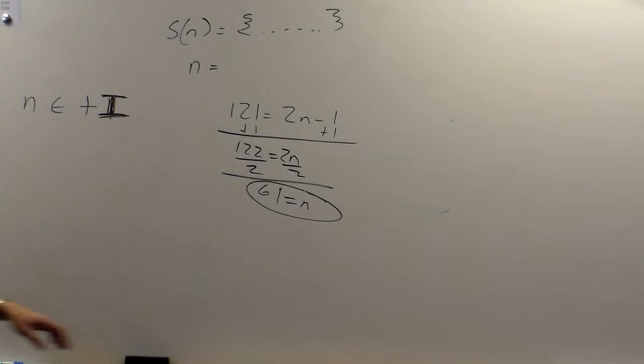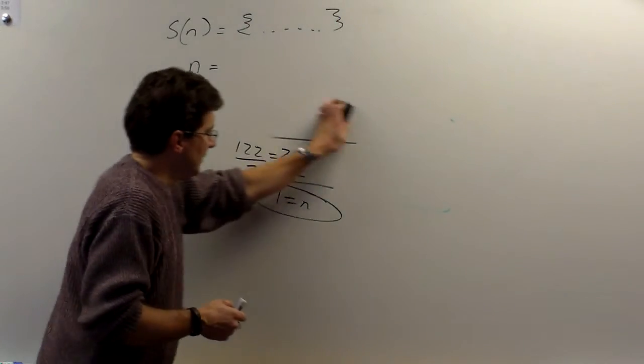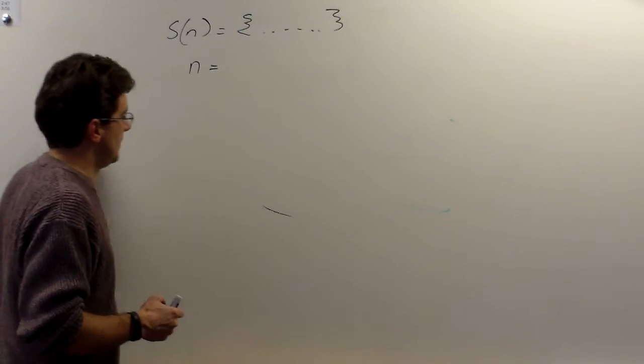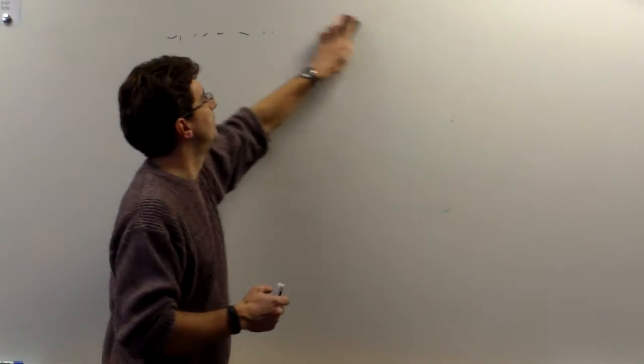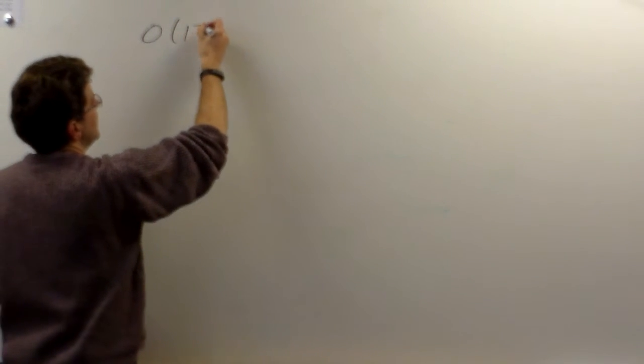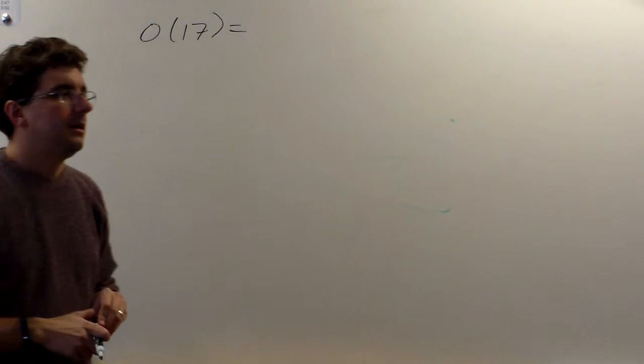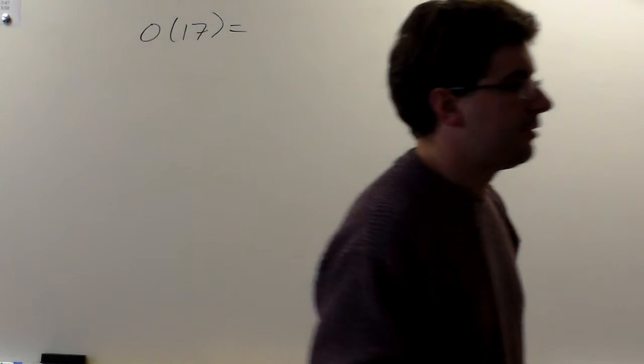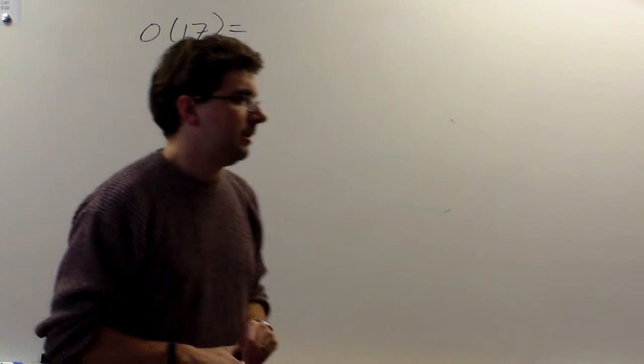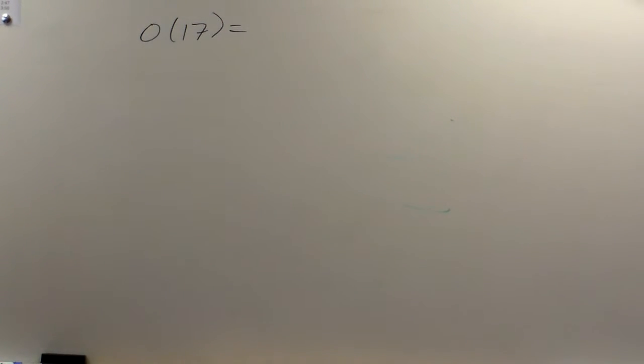No. Okay, the last one. And I'm not going to lie, if you made this mistake, this is a clue you need to come in and get help. You are given O of 17 equals 0. Okay, it stood for odds.